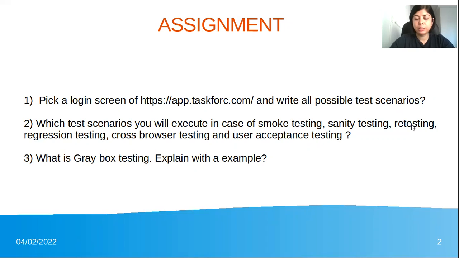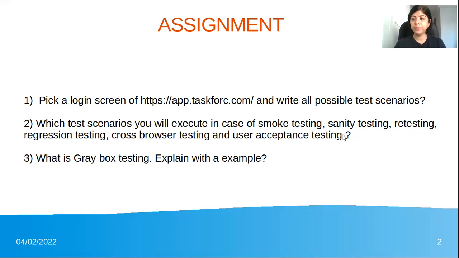Third one here is retesting. So in this case, suppose a particular feature has a bug, like the password field is accepting fewer than 5 characters, and we are able to log in. So this is a bug.